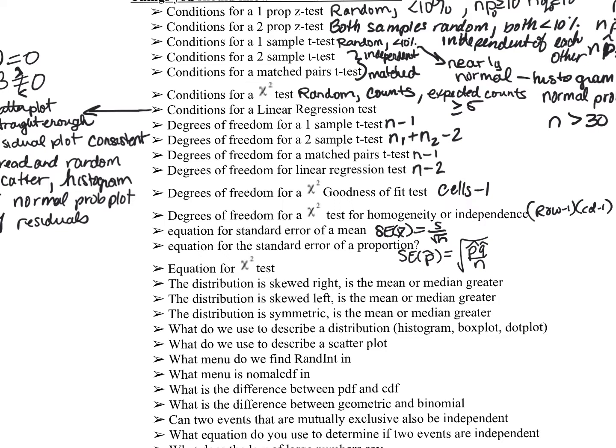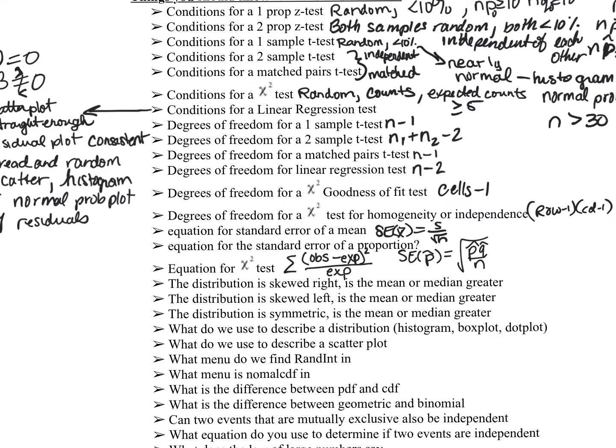Okay, so the equation for chi-squared test, Robin? Isn't it the sum of all the components? So like the row total times column total over total total? So that's your expected count, so the observed minus the expected squared over expected.